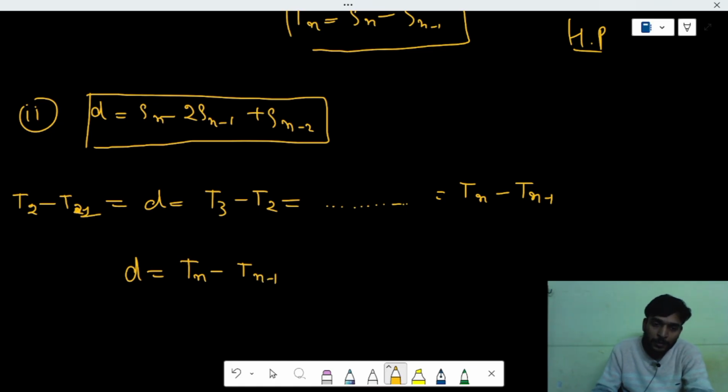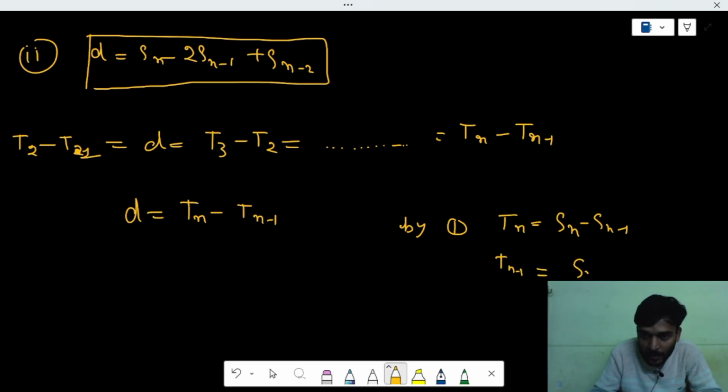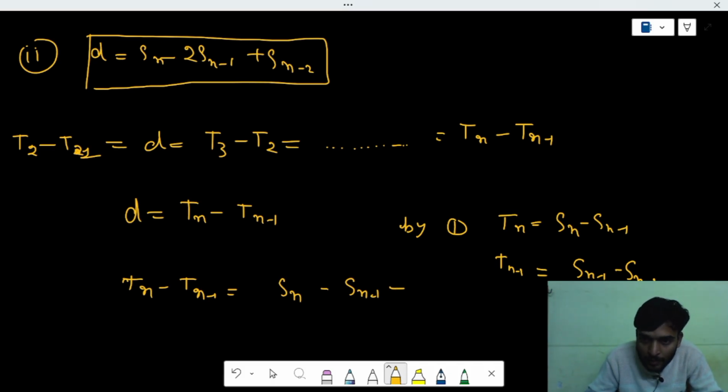By property one we know that Tn equals Sn minus Sn minus 1, and similarly we can write Tn minus 1 equals Sn minus 1 minus Sn minus 2, and we can put in the values. Subtracting, Tn minus Tn minus 1 equals Sn minus Sn minus 1 minus Sn minus 1 plus Sn minus 2.